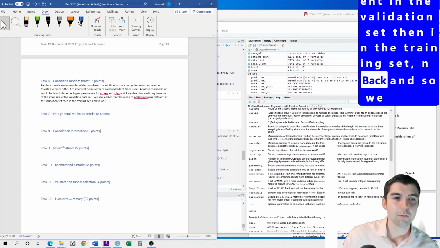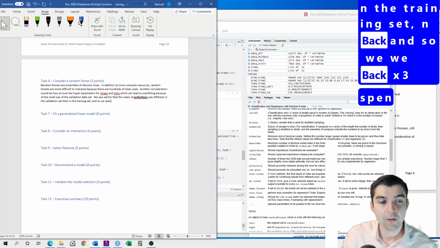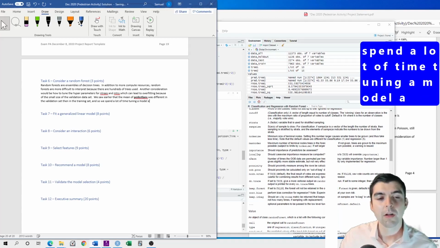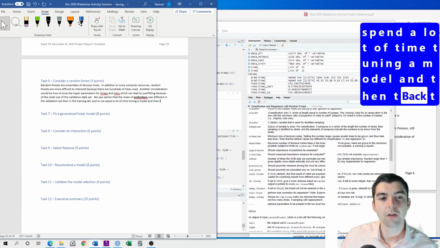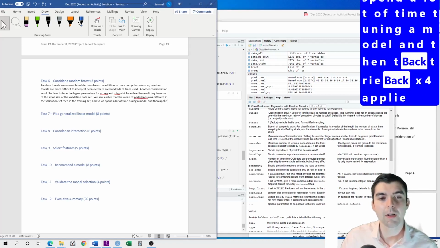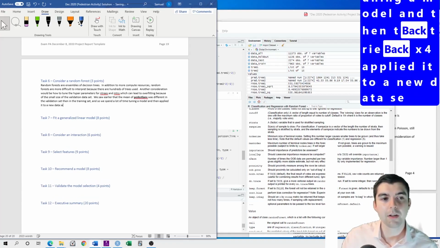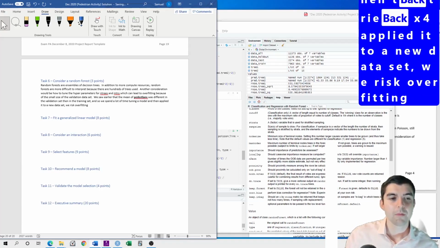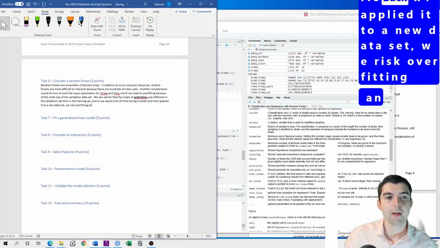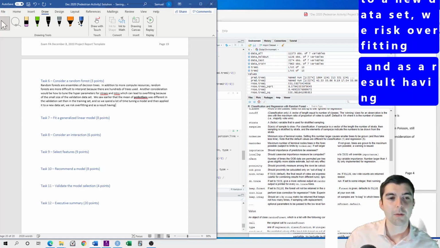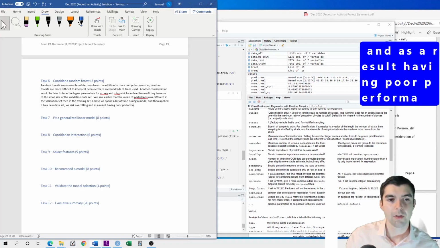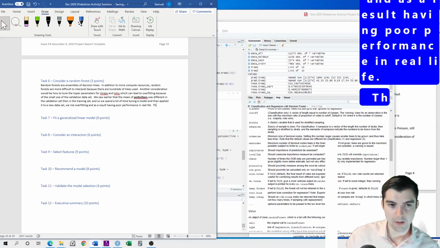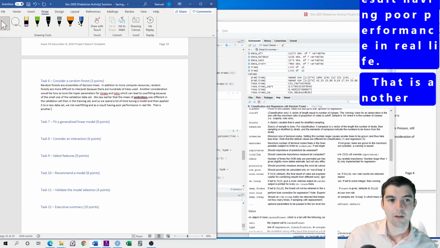And so if we spent a lot of time tuning a model and then applied it to a new data set, we risk overfitting and as a result having poor performance in real life. That is another consideration.